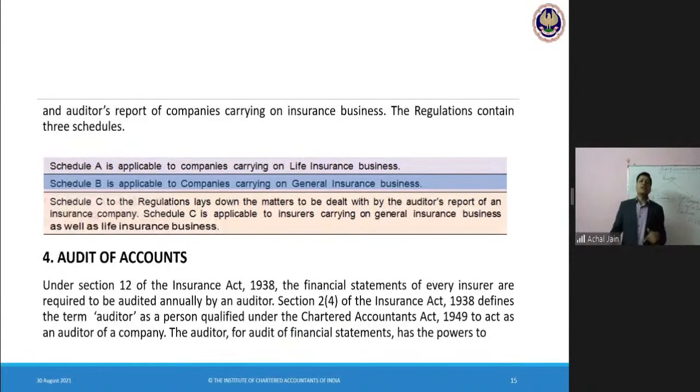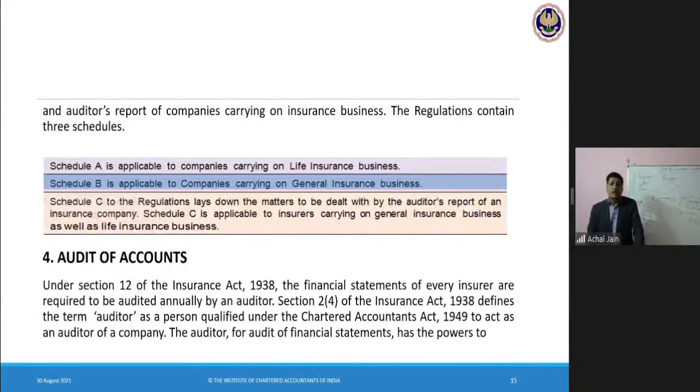Similarly, when it comes to Schedule B, some regulations which are applicable to general insurance business will not apply to life insurance business. So these regulations are specific to life insurance companies and general insurance companies. Other than this, there is also a schedule, Schedule C, which deals with matters related to the auditor's report.